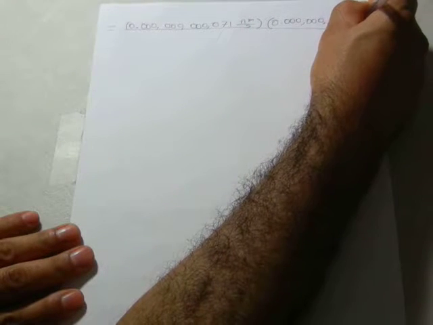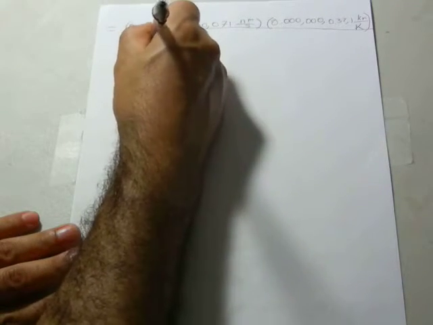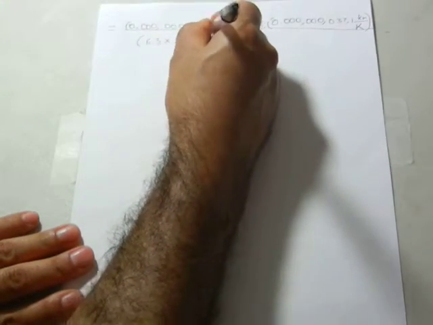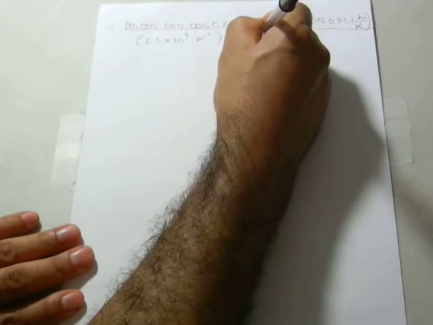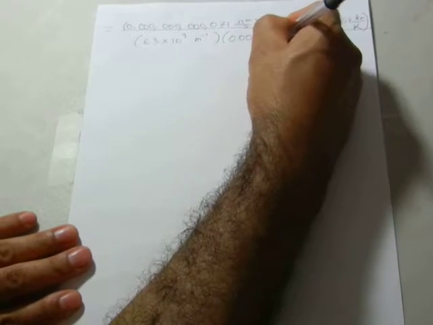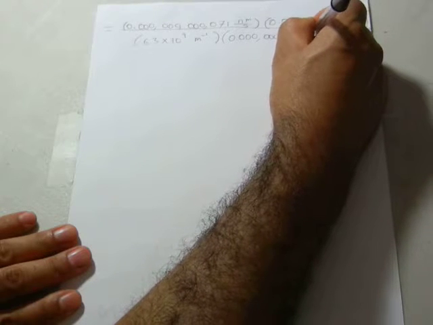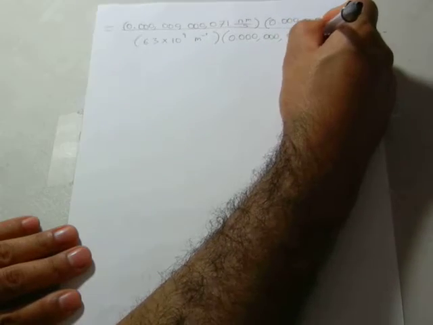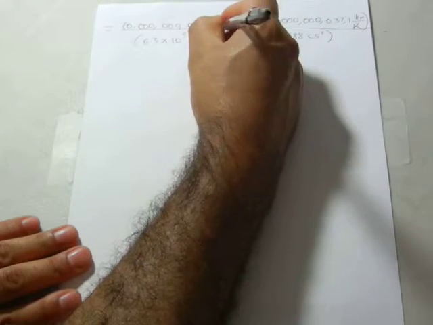0.000000321 kilometer per Kelvin divided by 6.3 times 10 to the 9 meters to the minus 1 and something like 0.000000988 centiseconds square. And let's try to use this one to the third power.